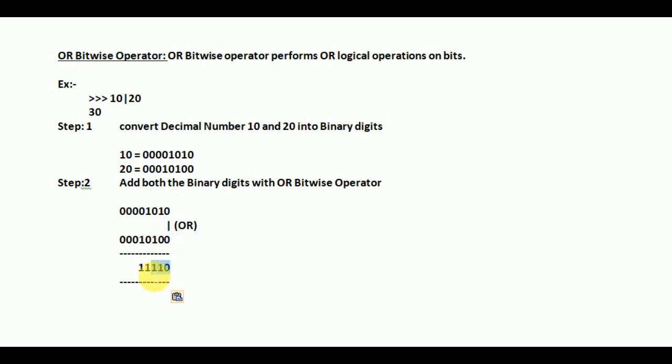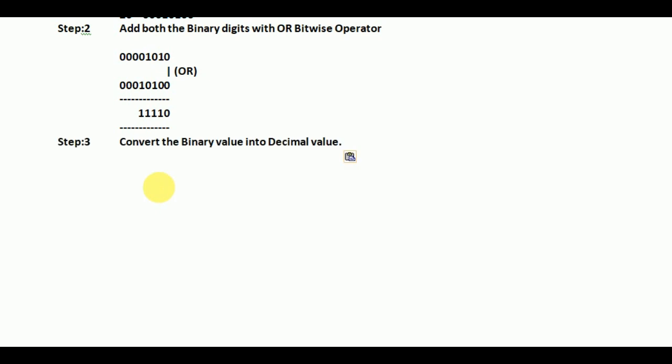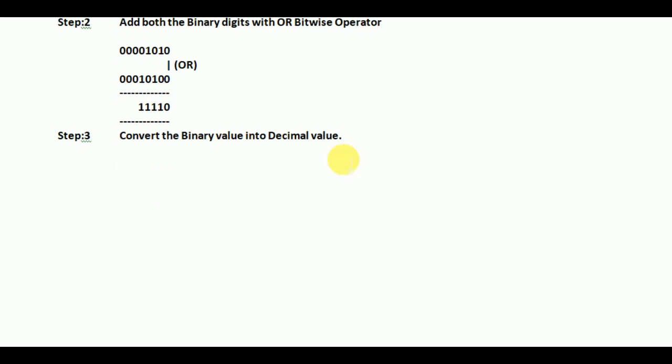Now how will we calculate the decimal value of this binary number? So we have step 3: convert the binary value into a decimal value. Here we have the procedure in which we multiply each digit by 2 to the power.